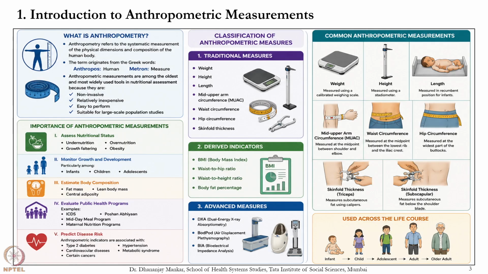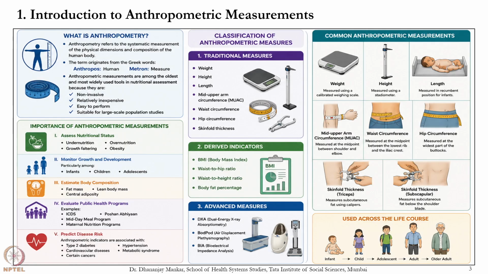If we talk about the traditional common methods, weighing comes first, using a calibrated weighing scale. Height is measured with a stadiometer. Length, particularly in children, infants and neonates, is measured in a recumbent position. The MUAC is measured at the midpoint between the shoulder and the elbow.